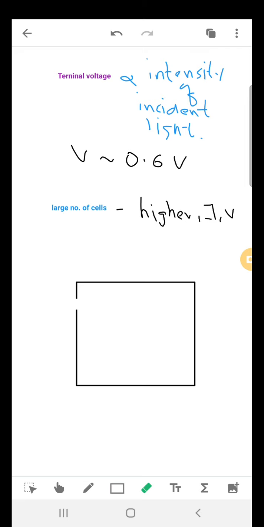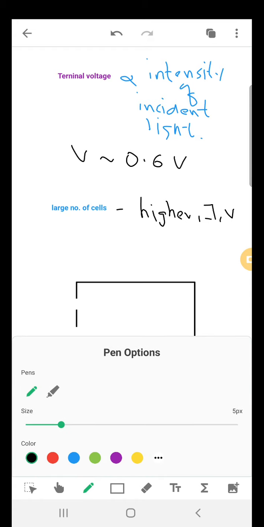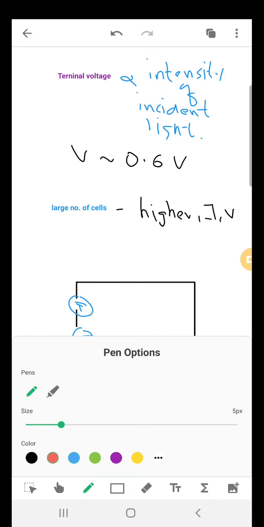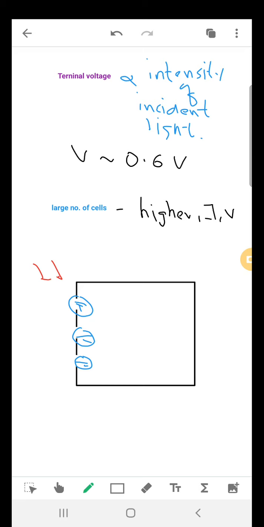Here is where the incident light is falling on the cells.